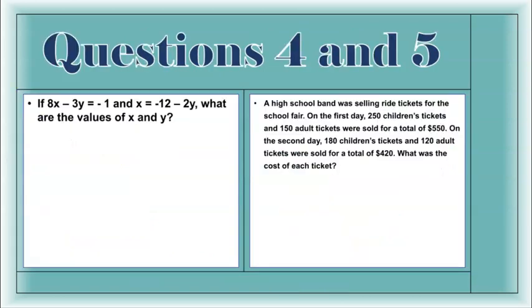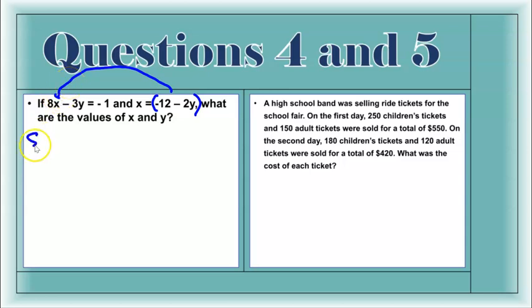Question 4. If 8x minus 3y equals negative 1 and x equals negative 12 minus 2y, what are the values of x and y? So this one I would use substitution because they told us that x equals negative 12 minus 2y. So I'm going to substitute this in for x in this other equation.